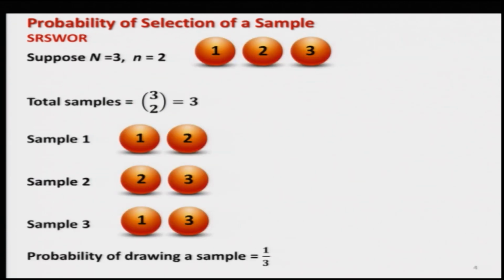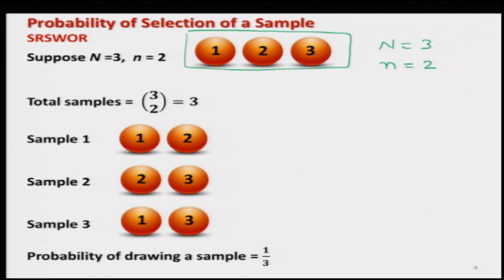Now, what does this mean? Suppose, as a hypothetical example, I consider a population of size 3. I have 3 red balls which are numbered 1, 2 and 3. In this case capital N will become 3, and suppose I want to draw a sample of size n, so small n will be equal to 2.